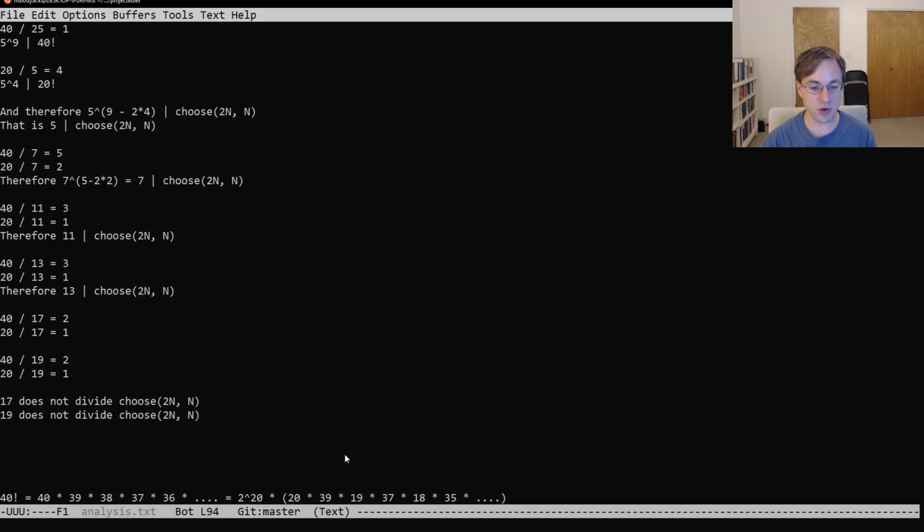Okay, now you'll notice every prime bigger than 19 is not going to divide 20 factorial, which means that 23, 29, 31, and 37 all divide 2n choose n.